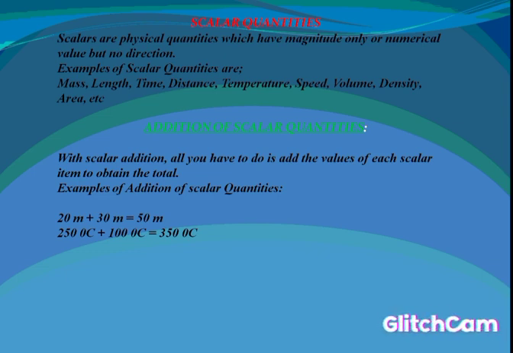Also, we can add a temperature of 250 degrees centigrade and a temperature of 100 degrees centigrade. That will simply give us 350 degrees centigrade. So when adding scalar quantities, you just add the amounts together to give the sum of those quantities.